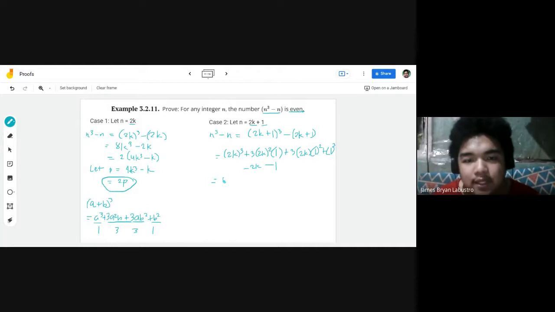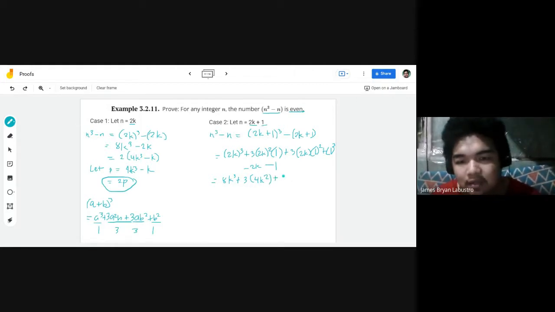So we have 8k cubed plus 3 times 4k squared plus 6k plus 1 minus 2k minus 1.